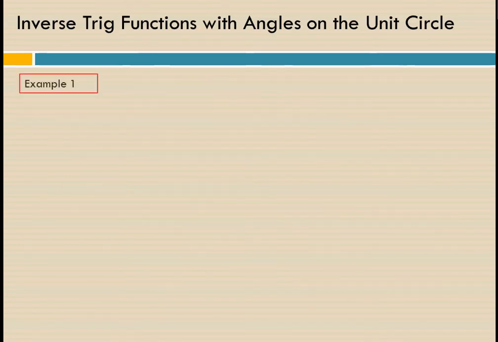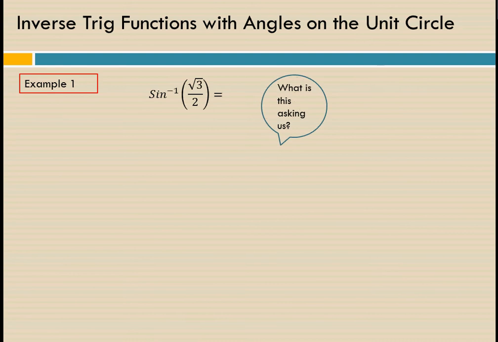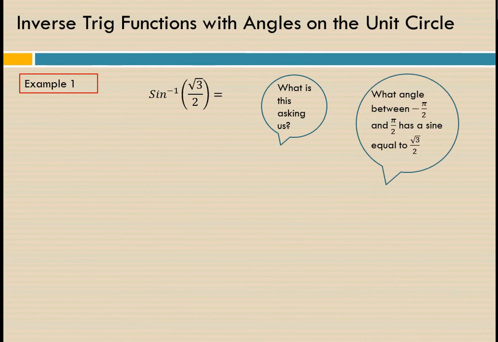Okay, so let's look at inverse functions on the unit circle. If someone came up to us and said, what is the sine inverse of square root of 3 over 2? The first thing we have to understand is, what is this problem asking us for? So this is kind of the wording that should go through your head.